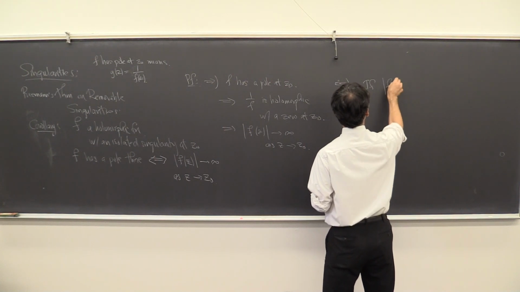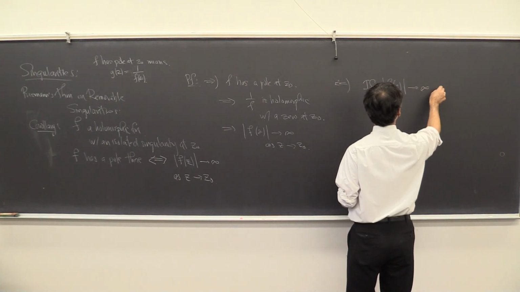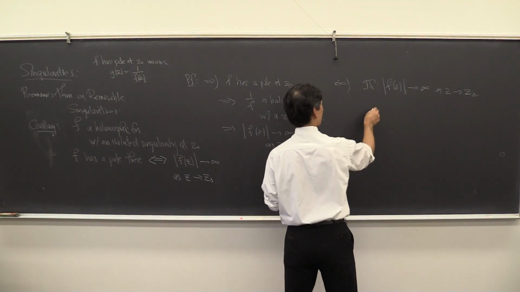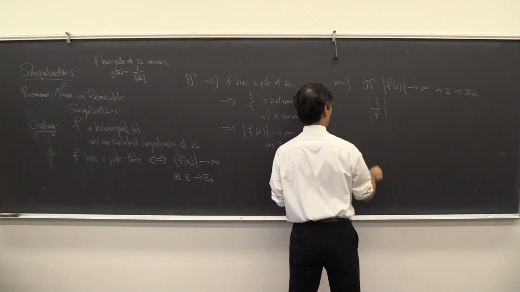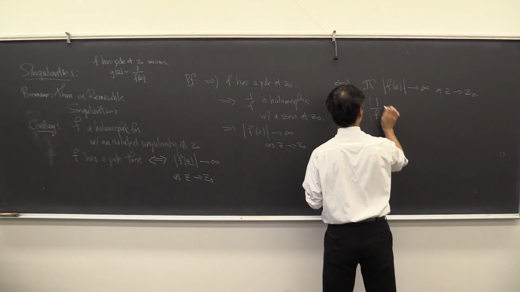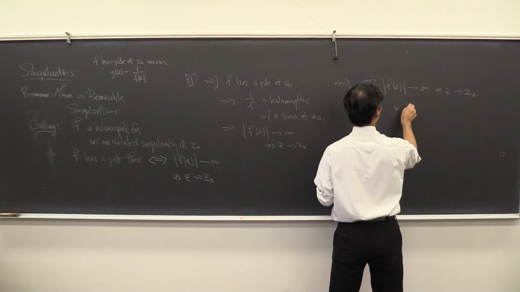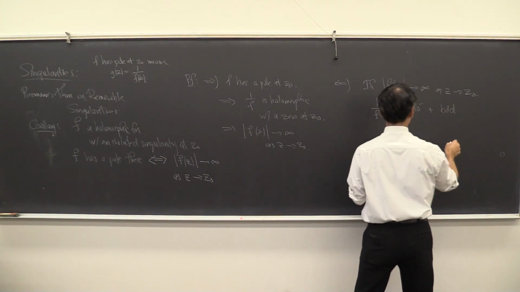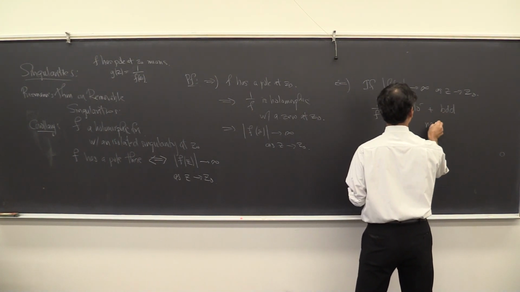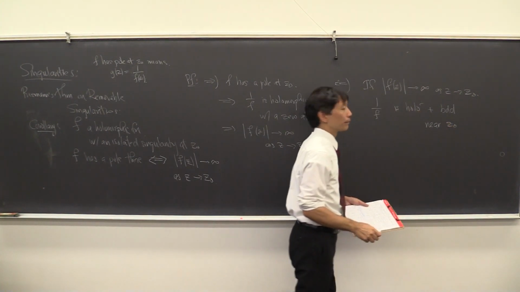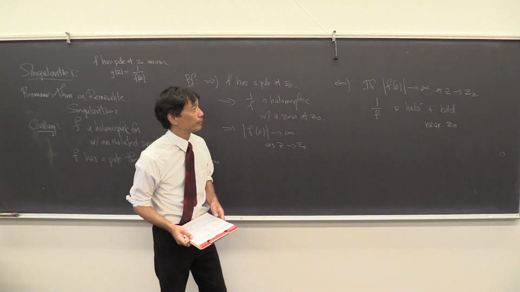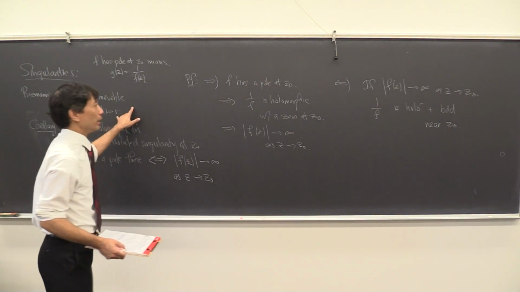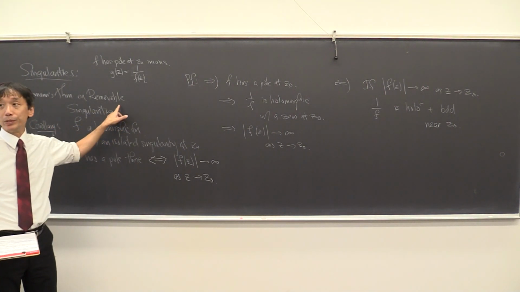If the absolute value of f of z goes to infinity as z goes to z naught, then of course 1 over f is holomorphic and bounded near z naught. And we just said that if you're holomorphic and bounded, then you've got a removable singularity.